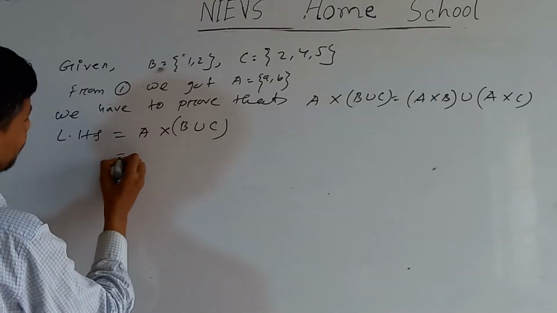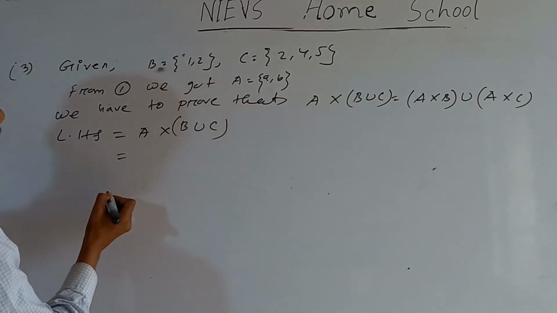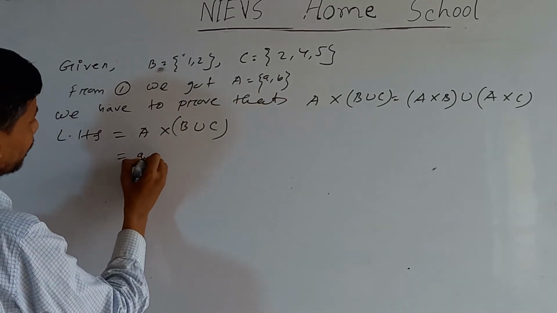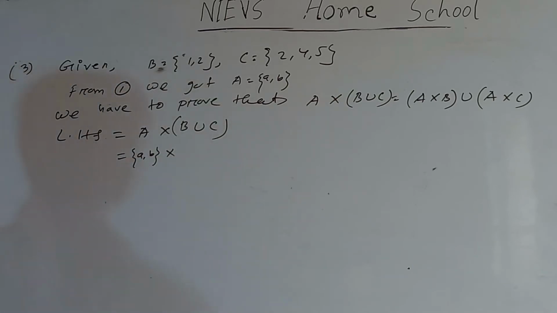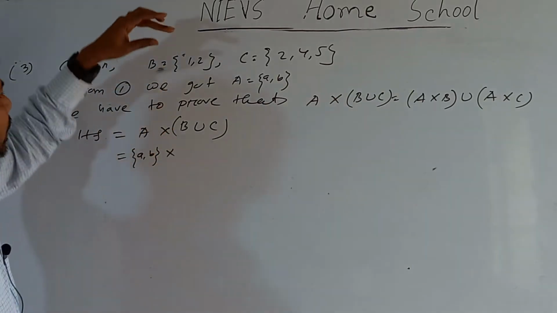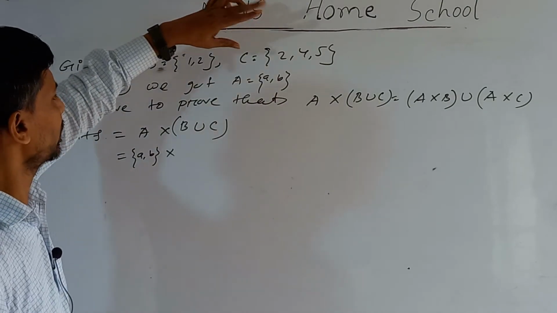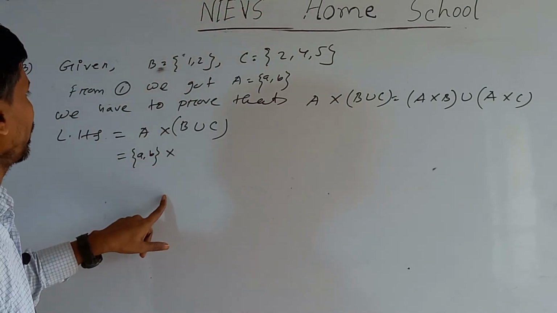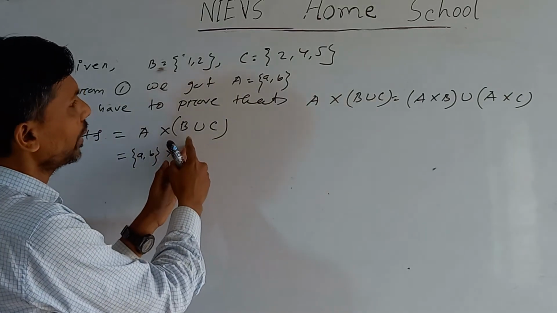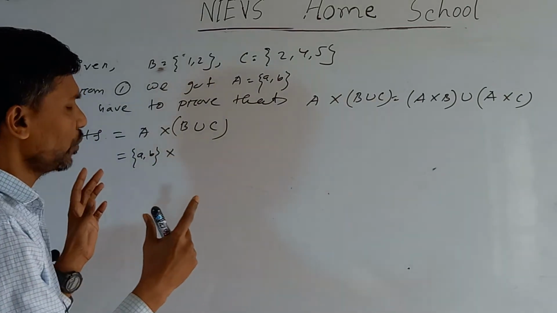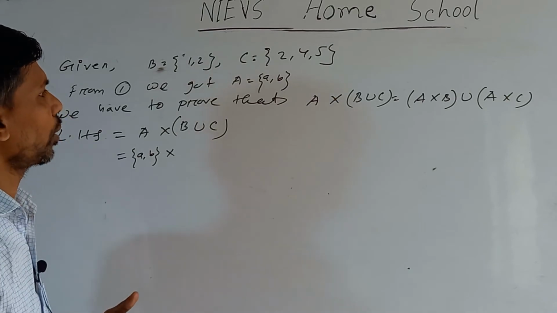Now write the left hand side, A cross (B union C). A set means {a, b}, cross B union C. Sorry, this is the union set. Union set means common, uncommon, all.